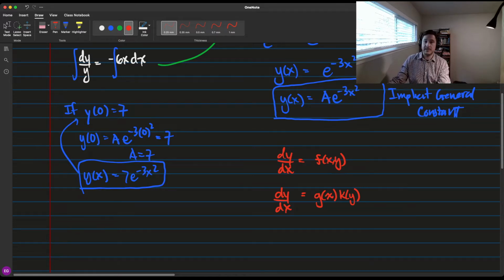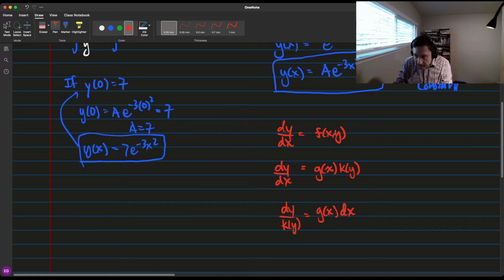How do you do this? Well, you divide both sides by k of y, and you get dy over k of y equals g of x dx. You will now be able to integrate this. Notice on the left hand side, you're always going to end up with some sort of exponential.